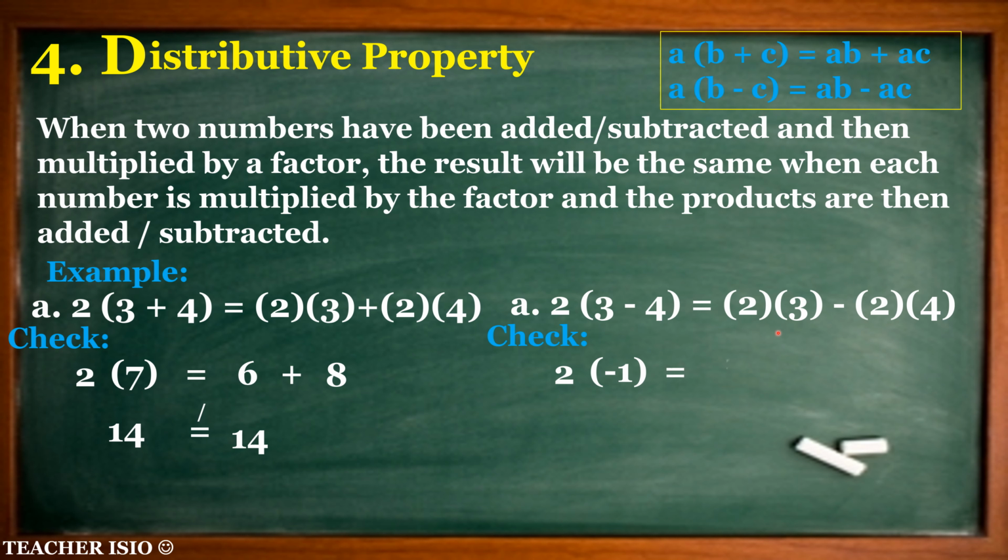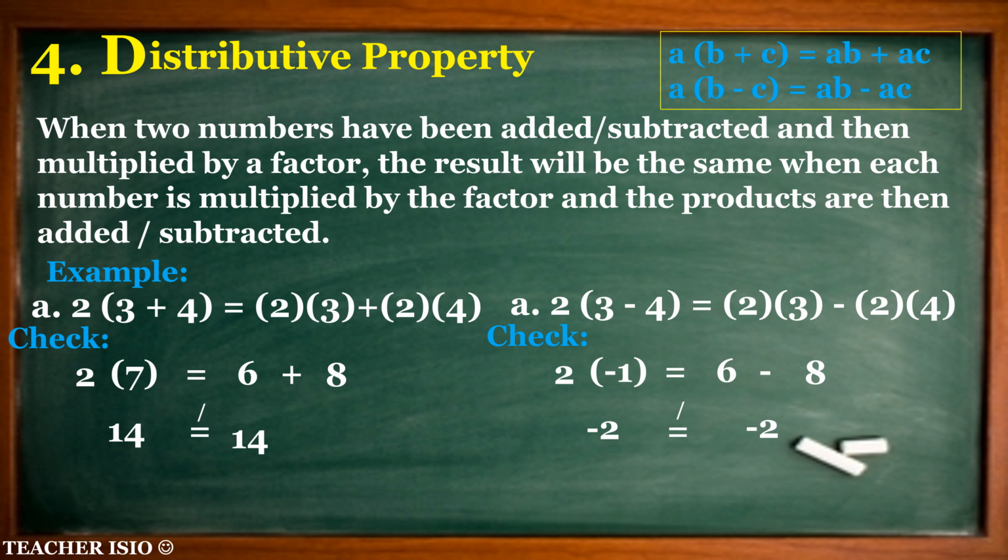Equals 2 times 3, 6 minus 2 times 4, 8. What is 2 times negative 1? We have negative 2. That's correct. Equals, how about 6 minus 8? Still, we have negative 2. As you can see, the result is still the same. This is under of distributive property.